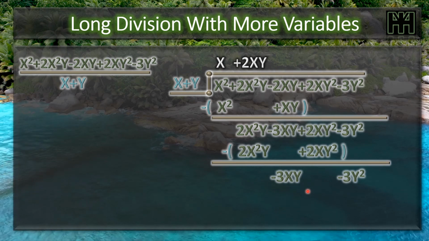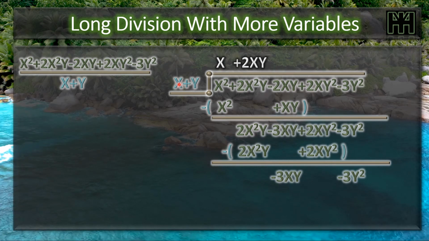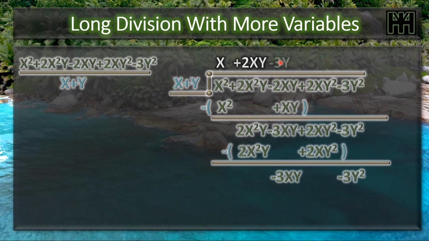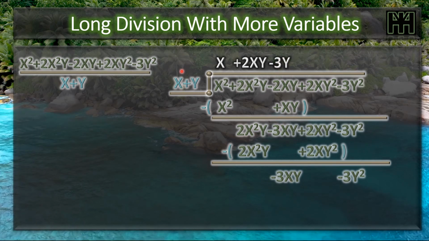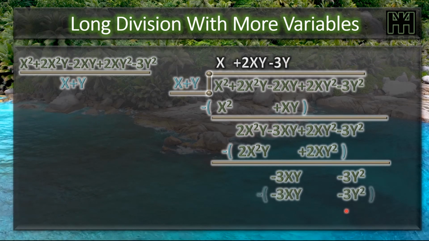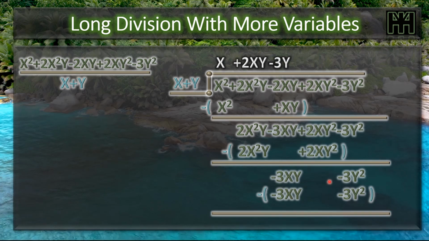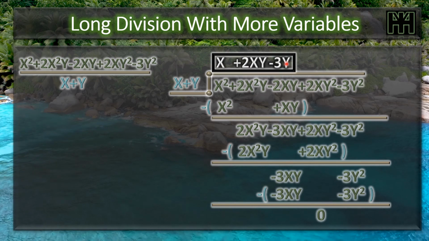This is what remains with us. Then we will go to the divide again. Divide negative 3xy by x, it will be negative 3y. Then multiply negative 3y by x, negative 3xy, and negative 3y^2. This is the same. They will cancel out each other. We will have 0. So this is the answer of the division.